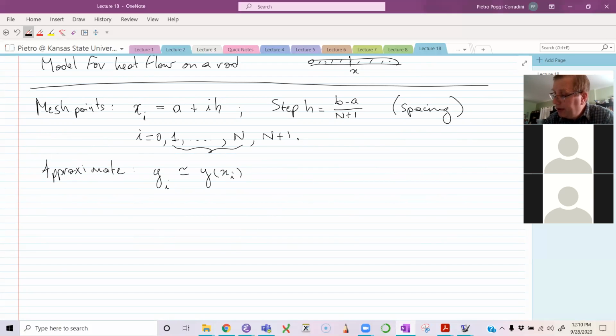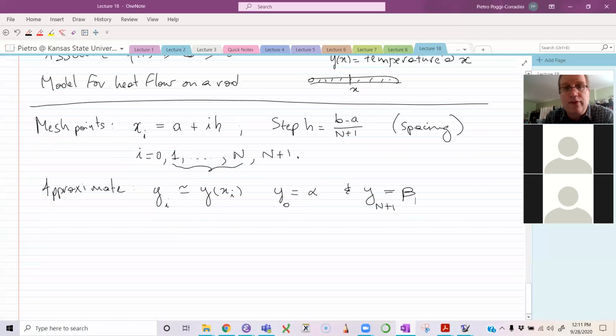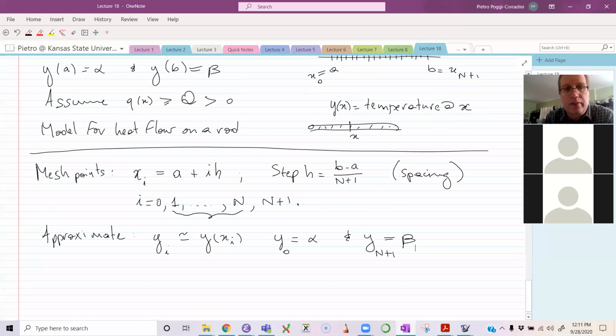And of course, that means that y0 should equal alpha, and then y n plus 1 should equal beta. But the rest of the values y i, these are unknown. These are my unknowns, right? So hopefully I can set up a system of equations and solve that system for these unknowns.